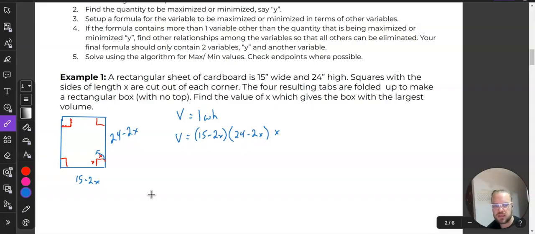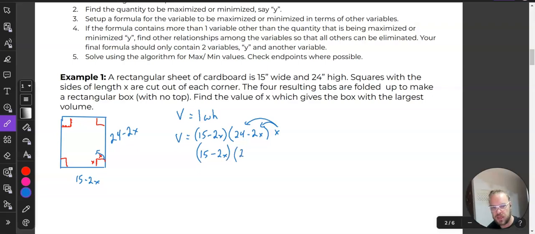So before I can do this, I could do product rule on this. Absolutely could. I can also not do product rule on it. So let's do product rule, but keep in mind that if you're having a hard time with that, then you don't need to. What I will do to make it a little bit easier is I'm going to multiply that in first.